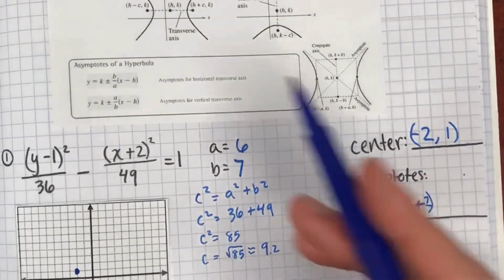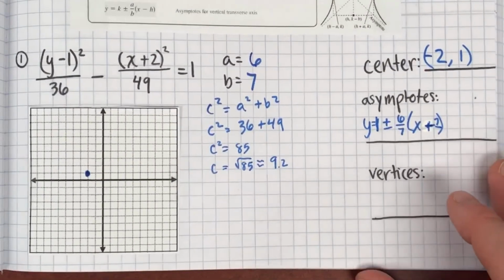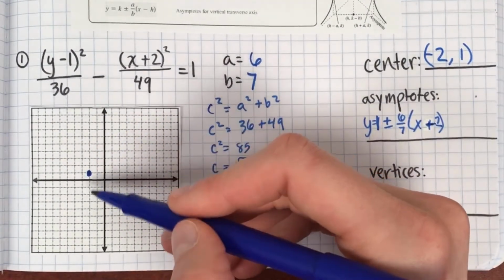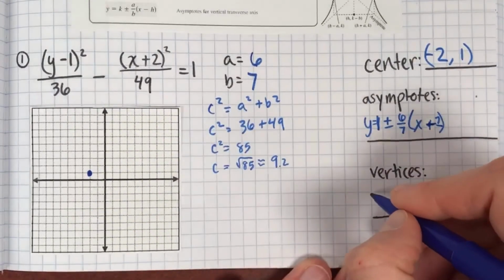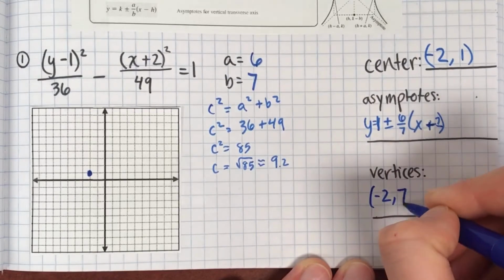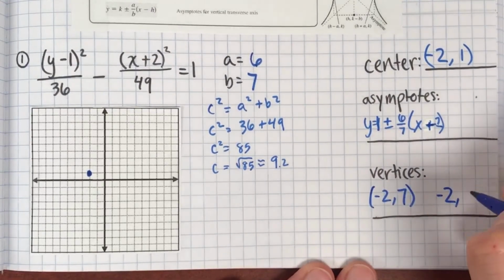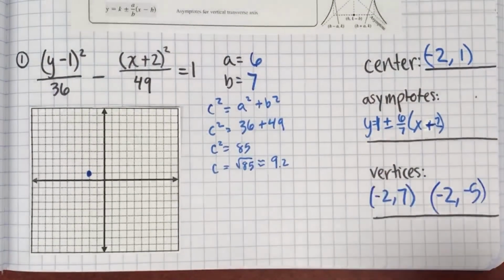So I know that my hyperbola is going to open up on the top and the bottom. All right, so my vertices are going to be up and down from this point. So my vertices are -2, 7, and -2, -5, and that's from that a value.